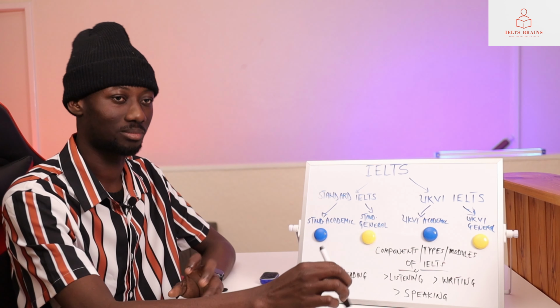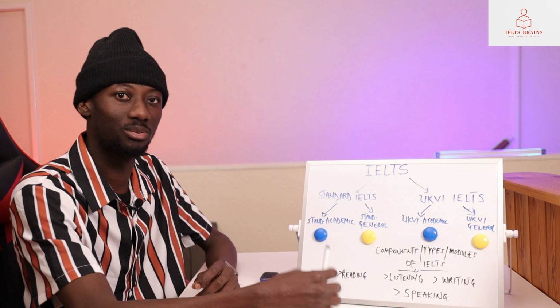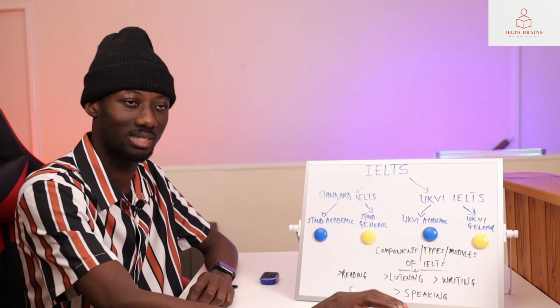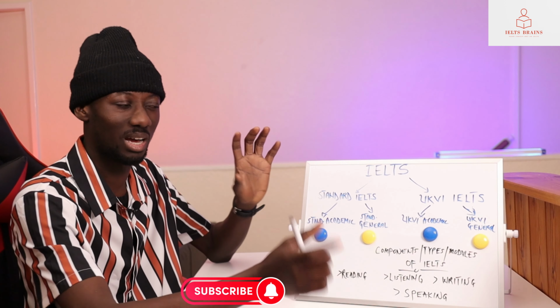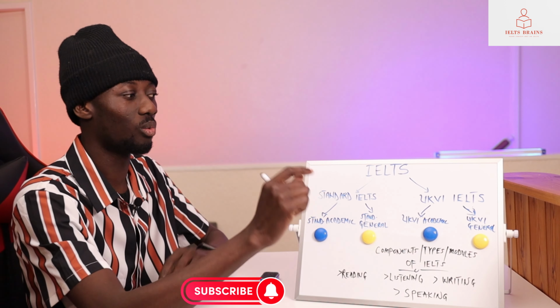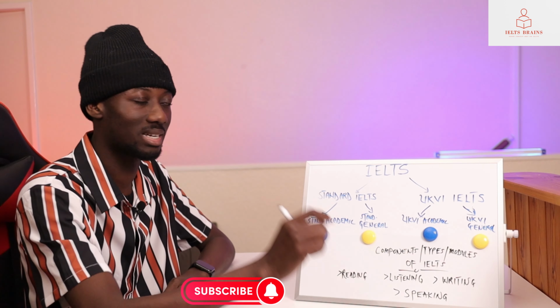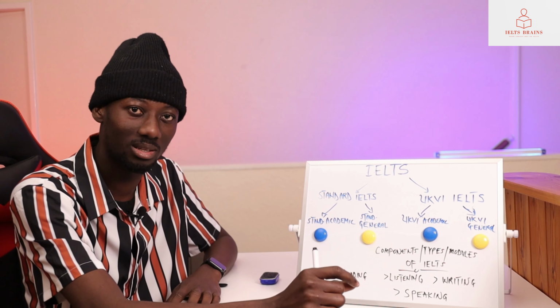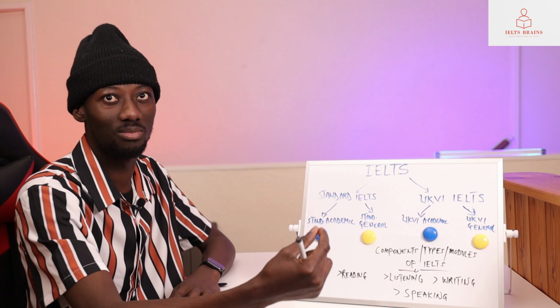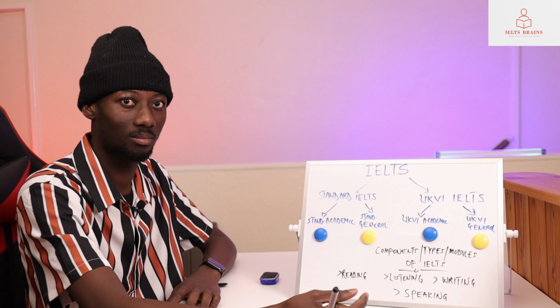So basically, we have two different types of IELTS that you can write: the UKVI IELTS and the standard IELTS. Whenever you are going to write an IELTS exam, it's either going to be UKVI or standard.